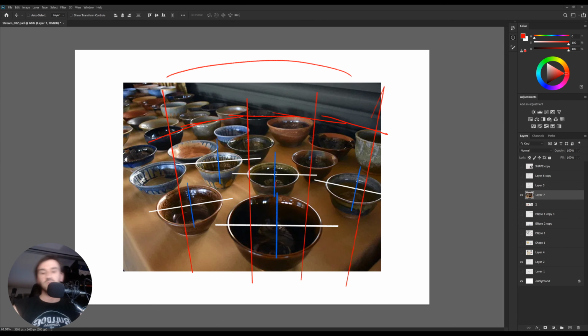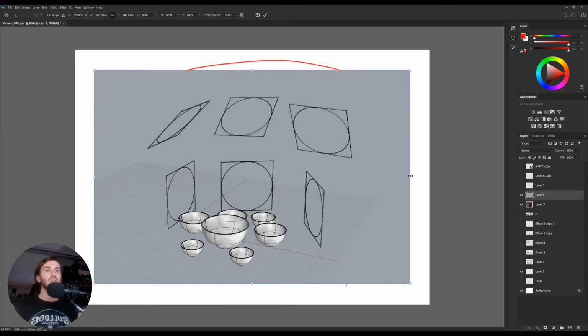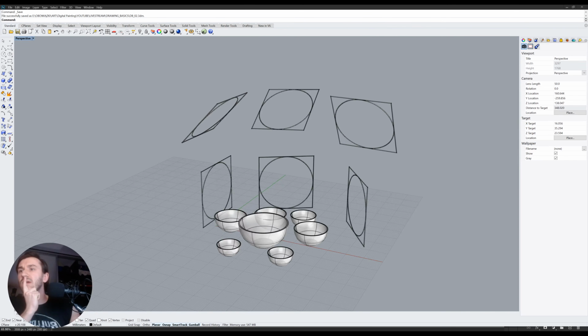I have no idea why it's not showing, but the long story short is I would like you to use some 3D software, even to create some objects like this, just to play with them in the perspective. And wait, I will need to change the source for it. Rhino. Okay, now it is working.